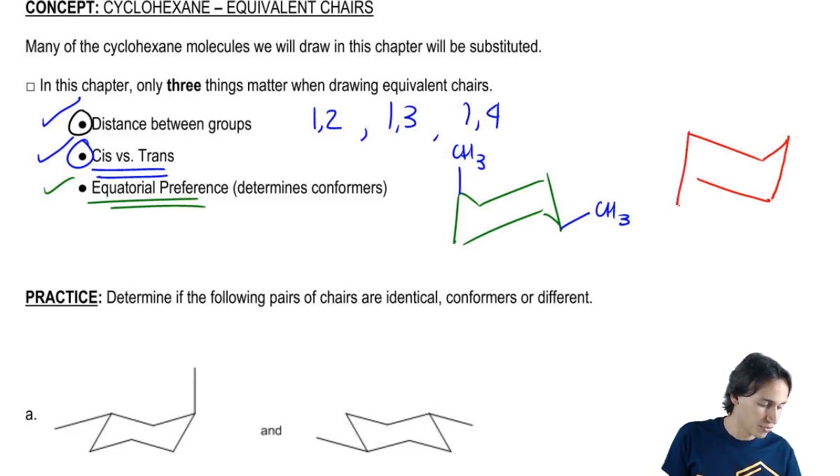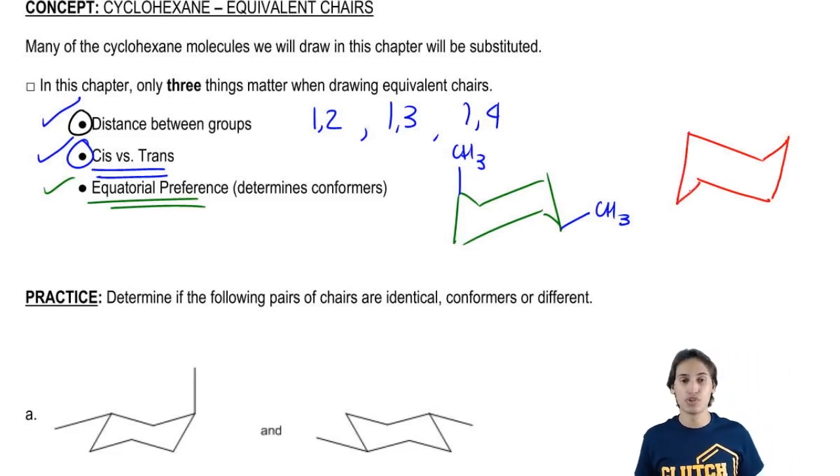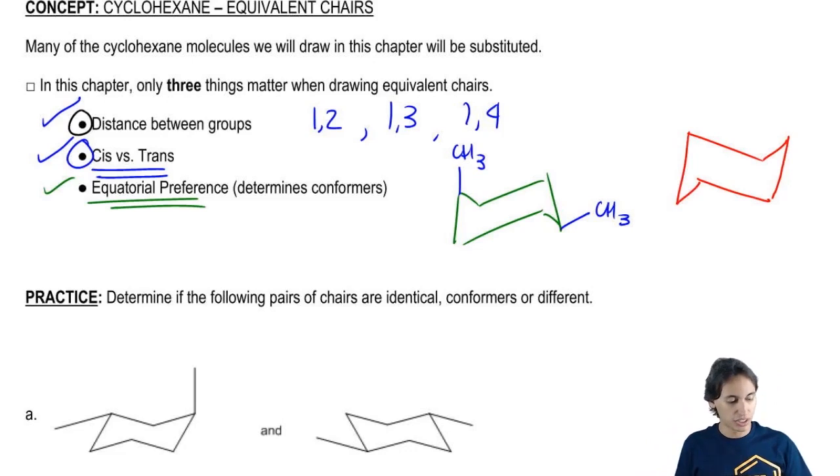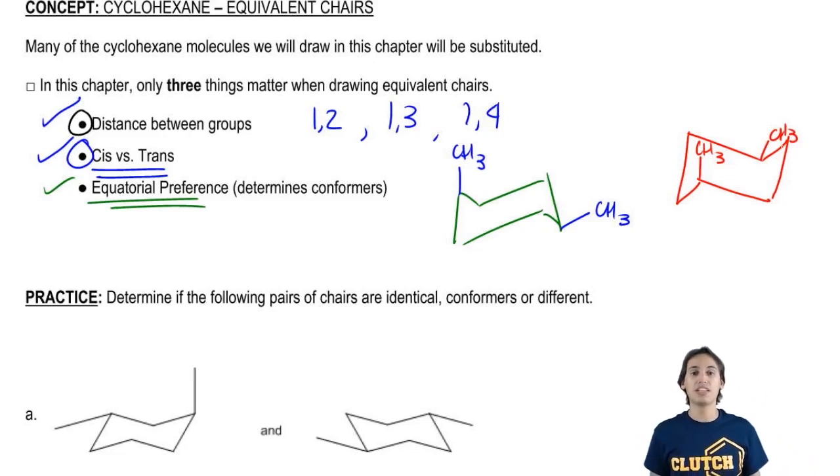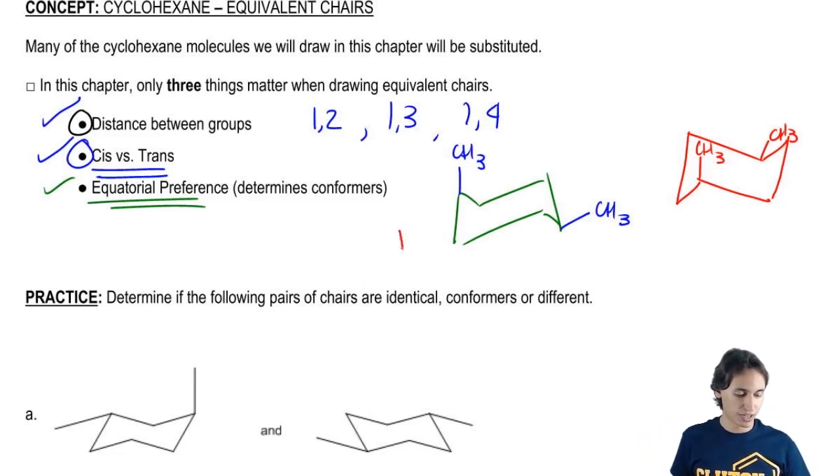So you were drawing the other chair, and you draw it a little bit different. And what you drew as your right answer was a CH3 here, and then a CH3 here.